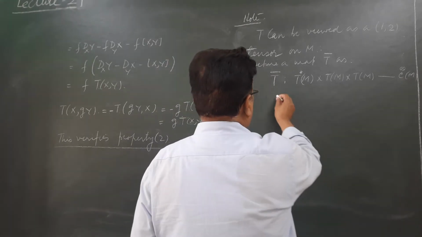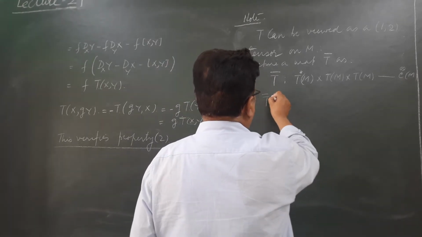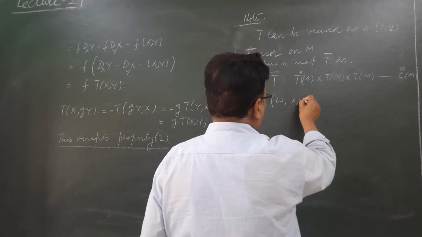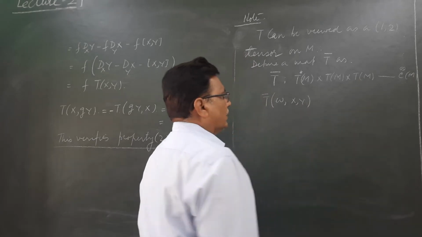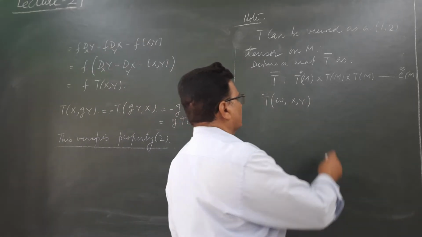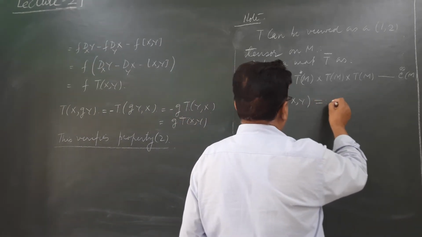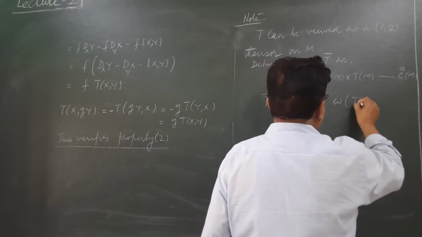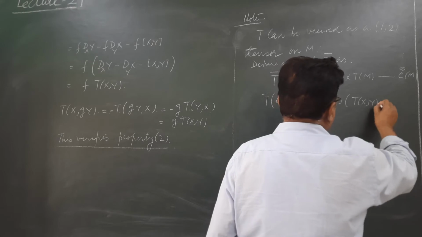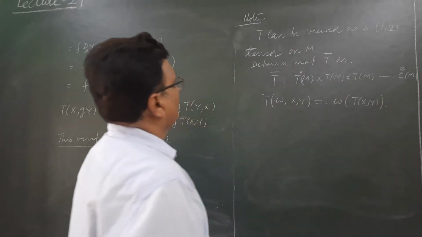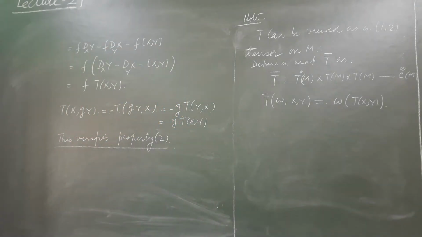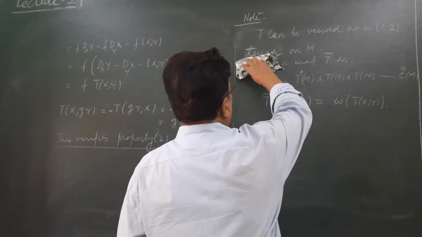So, what T bar will do, it will operate on a one form and a pair of vector fields X, Y to produce a function, and that function I define as ω operating on T(X, Y). T is already there with me. So let me improve my statement, the first line.